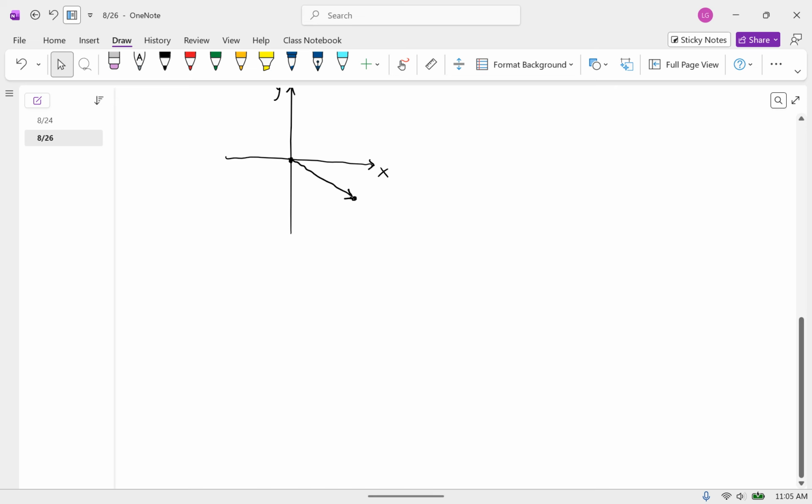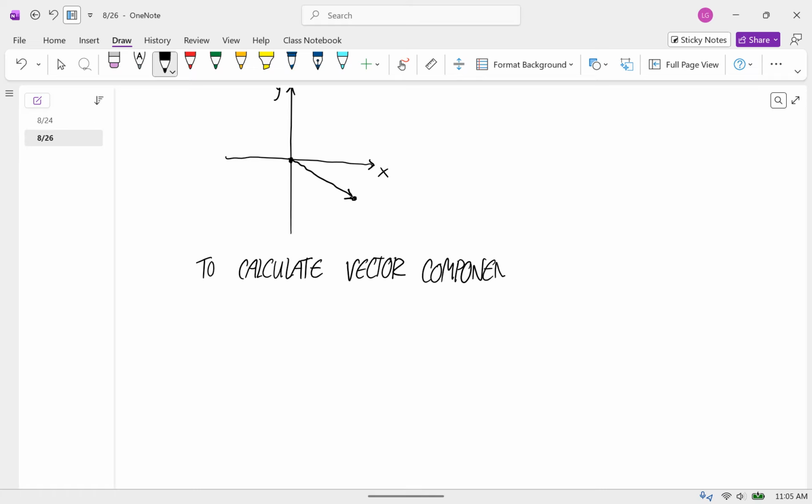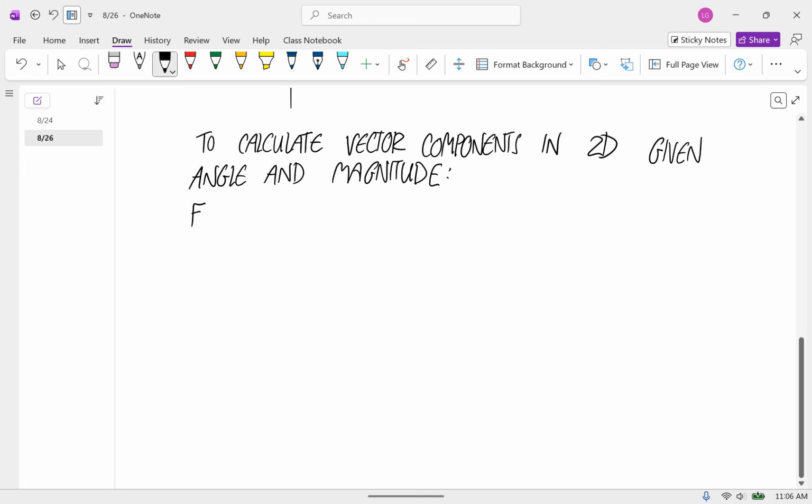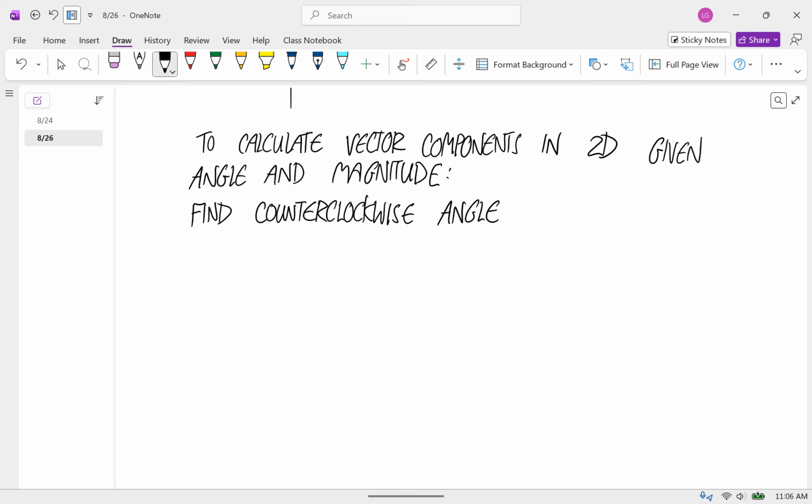So, to calculate vector components in 2D, given an angle and a magnitude, find the counterclockwise angle from the positive x-axis to the vector.